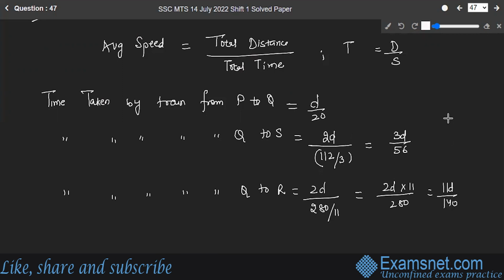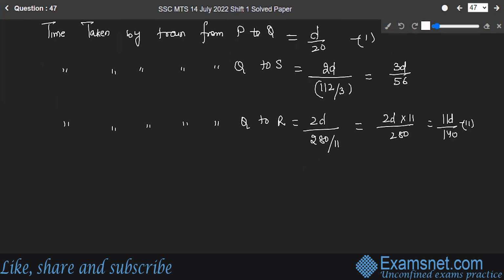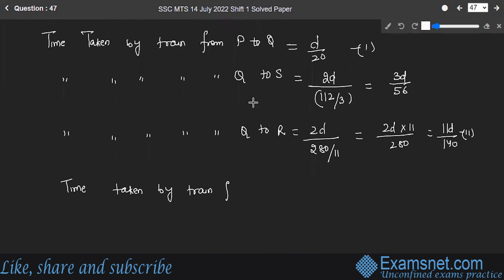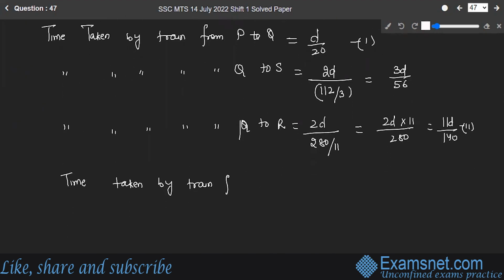Now let's name this one as equation 1 and this one as equation 2, right? Now time taken by train. Okay, no, this is not Q to R. Sorry, this is from P to R. Here is P to R.